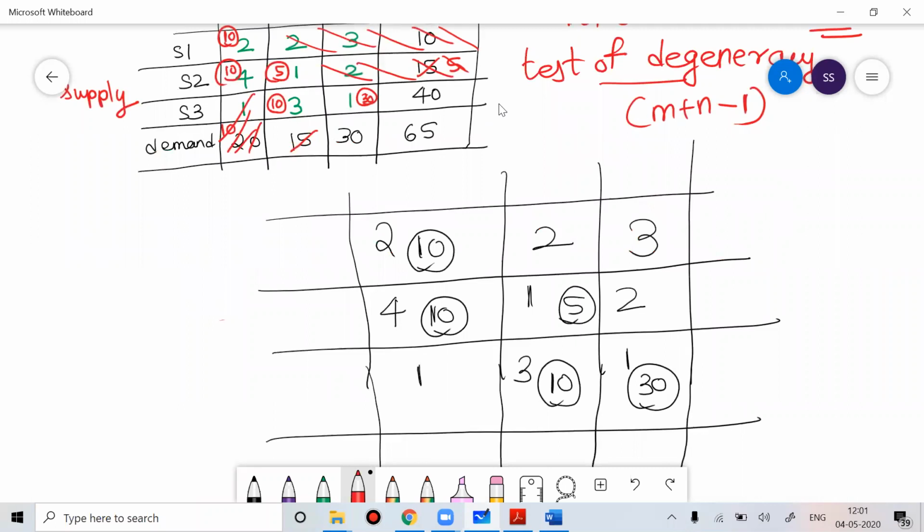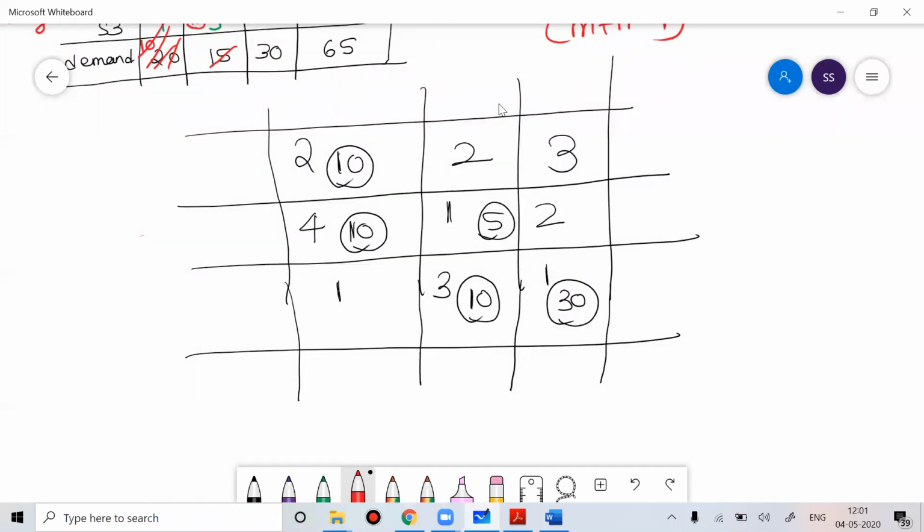I believe you remember till this much. We have been doing this for a long time. Once you are done with that, now I can write this as U1. After the test of degeneracy, now the test of optimality: this is U1, U2, U3, and V1, V2, V3.